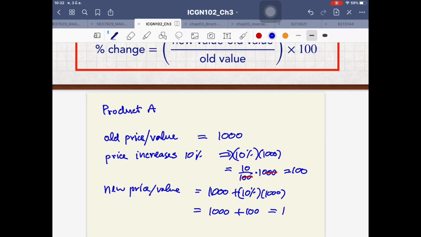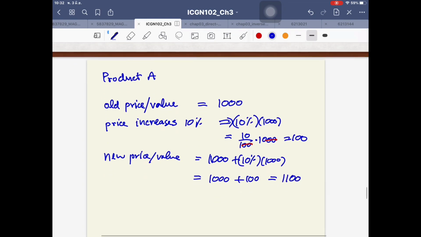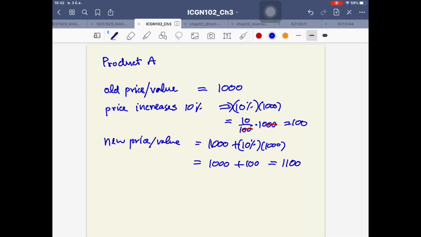So the new price will become 1,100 baht. And then from this expression, now you can get the formula in general.